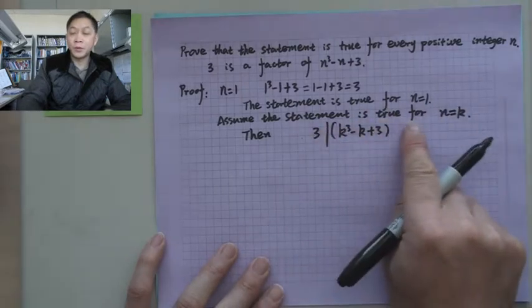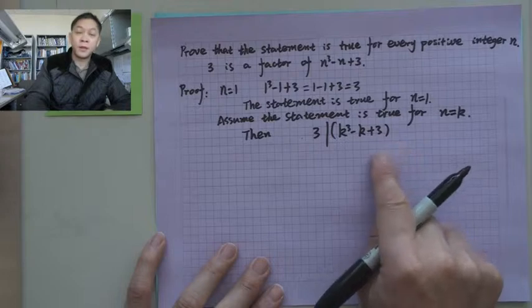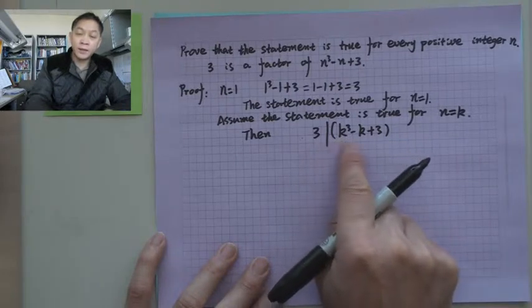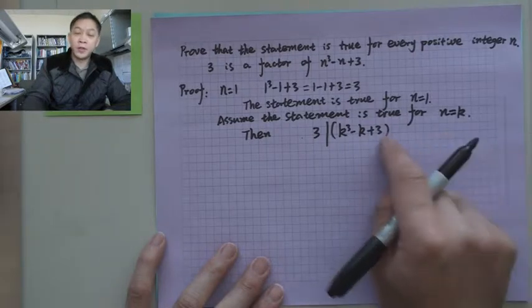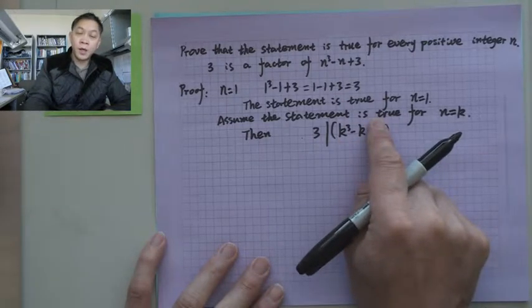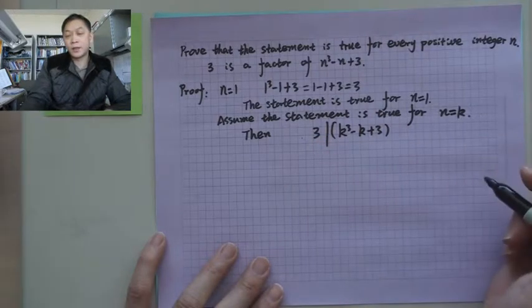Assume the statement is true for n equals k means 3 divides this expression, or this expression is divisible by 3. So you may write it in this way.